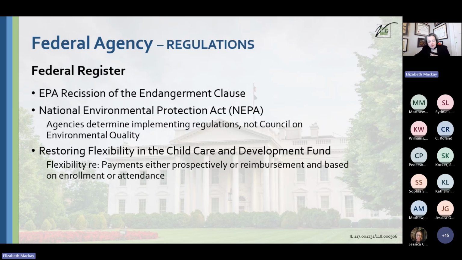Now they can be made prospectively or via reimbursement. And the payments were based on enrollment. Now you can make those payments based on enrollment or actual attendance. The thought being reimbursement or attendance are probably better ways to ensure fraud prevention.